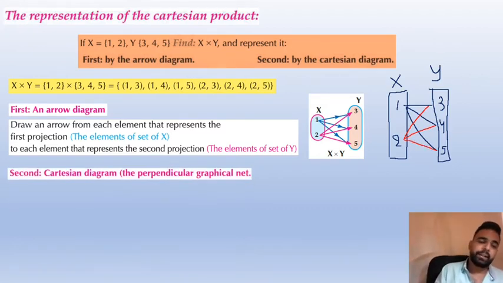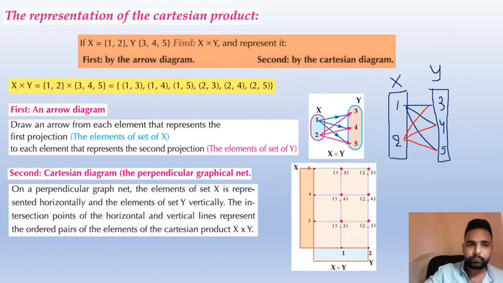Second, the Cartesian diagram. The Cartesian diagram is the perpendicular graph. On the perpendicular graph, the elements of x are represented horizontally and the elements of y vertically. The intersection point of the horizontal and vertical lines represents the ordered pairs of the Cartesian product x product y.